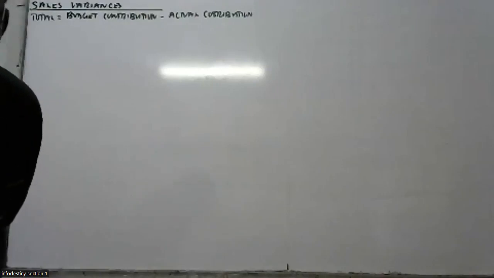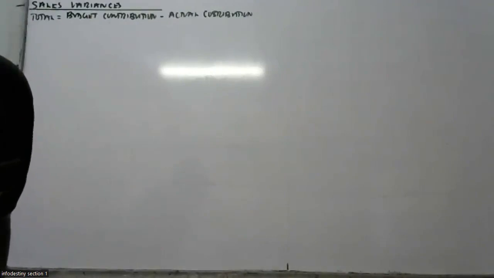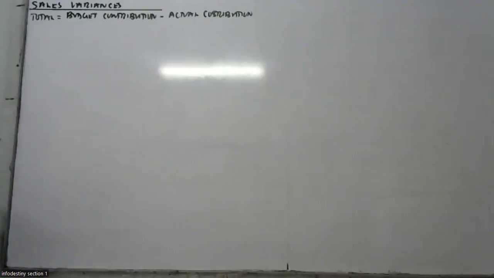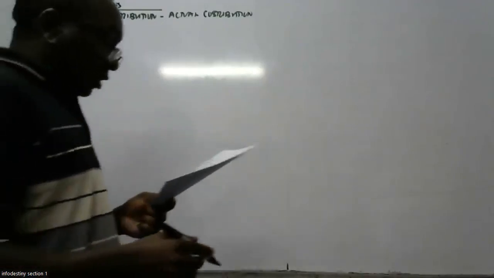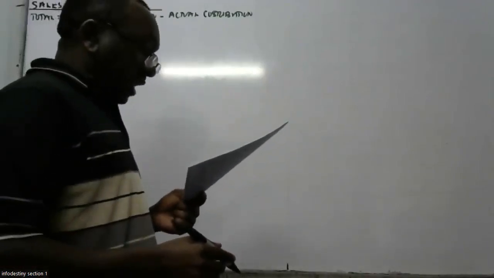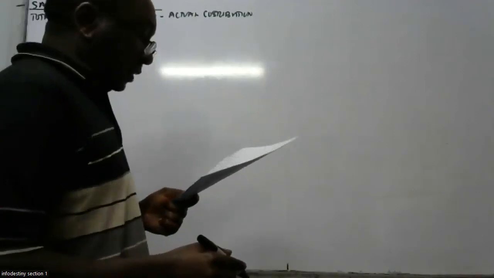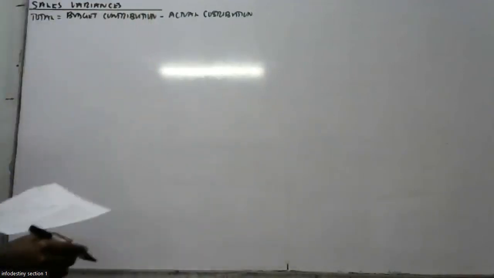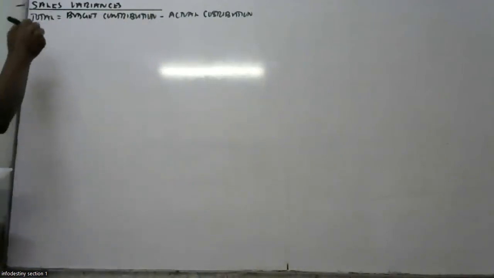So what we are going to do is, first of all, in the question paper, you can see where there is the unit variable cost and selling price. So we can first of all compute the contribution margin.